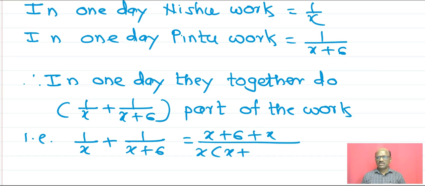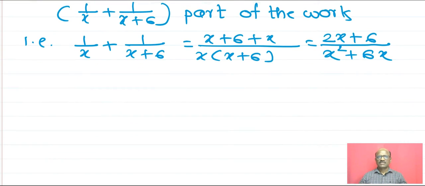cross multiplication. x plus 6 upon x in bracket x plus 6, that is 2x plus 6 upon x square plus 6x. Therefore, in one day they can finish.